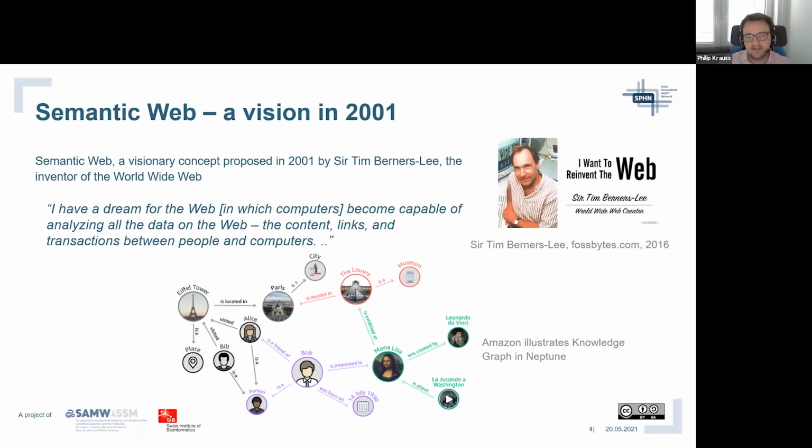What is that semantic web? Probably you have seen that slide, or at least that man on the top right, which is Sir Tim Berners-Lee. He is the inventor of the World Wide Web, but also of the RDF or semantic web. The idea, which is transferable to our scenario here in SPHN, is that you have a decentralized amount of producers of data, and also decentralized consumers of data.